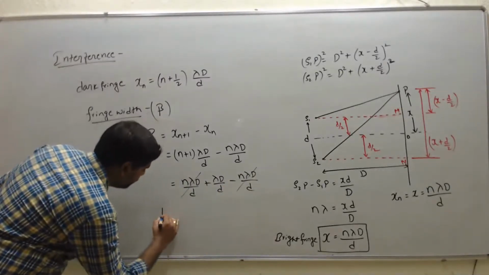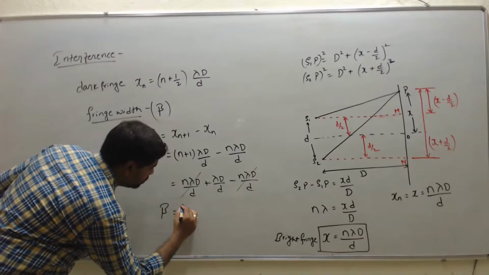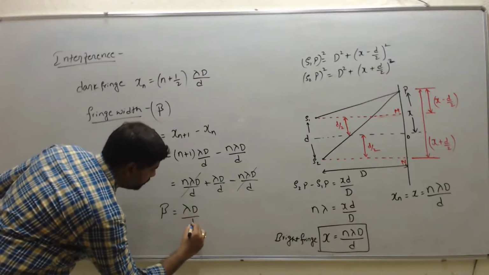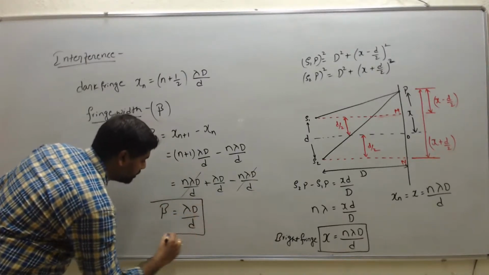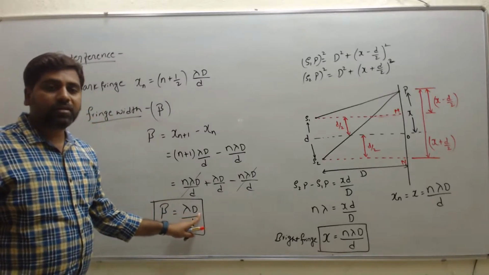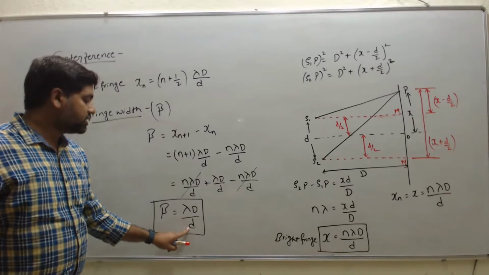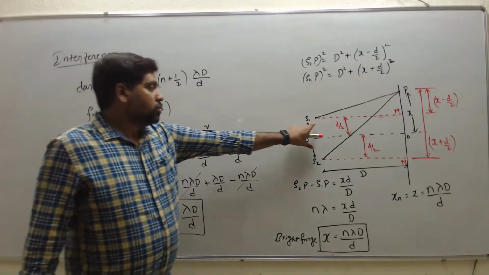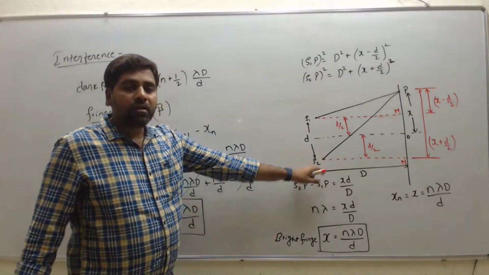The remaining is the fringe width beta equals lambda D by small d, where lambda is the wavelength of the light, D is the distance between the slit and the screen, and small d is the distance between the two sources, that is S1 and S2.